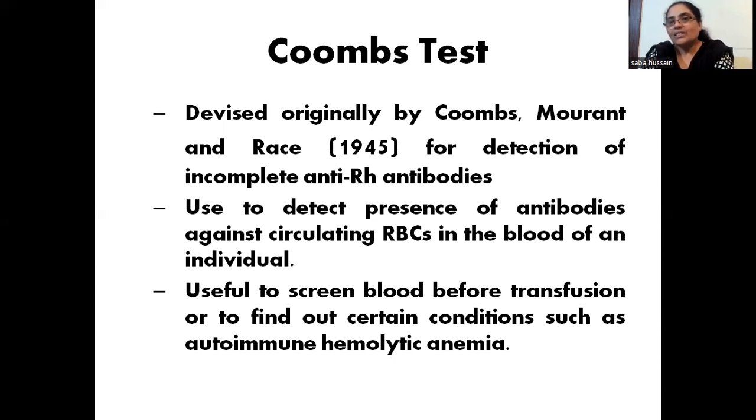If we add anti-human immunoglobulin to it, these antibodies start clumping. This is used for screening when we are transfusing blood, and also in knowing the Rh positive or Rh negative factor present in the blood.